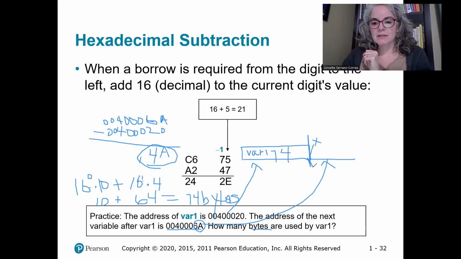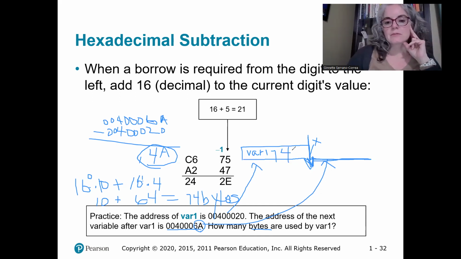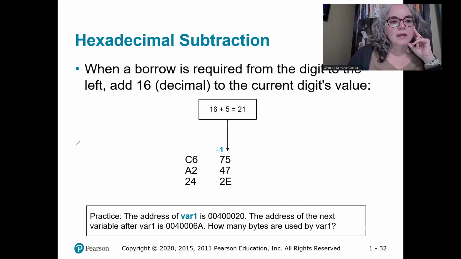It's where this next variable begins. And then, if this variable takes 10 bytes, then it takes 10 bytes. Whatever it takes, it will take, but that's where it begins. Okay, so this variable 1 will be 74 bytes.